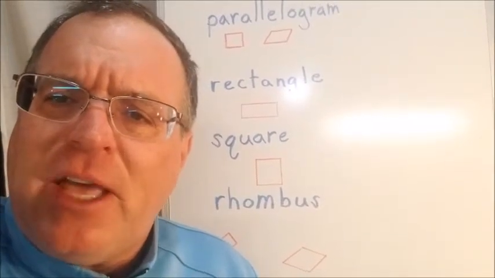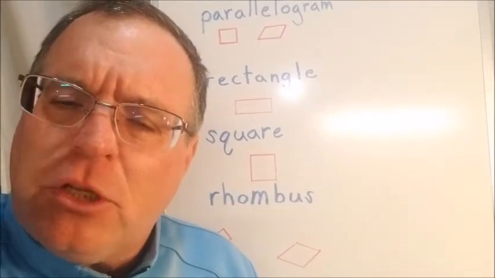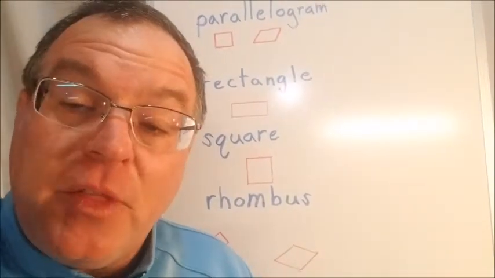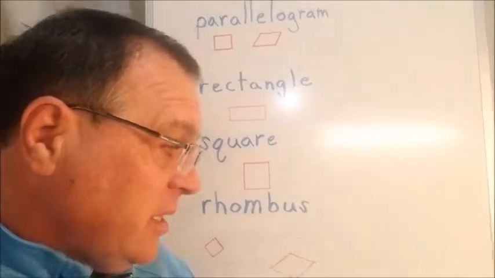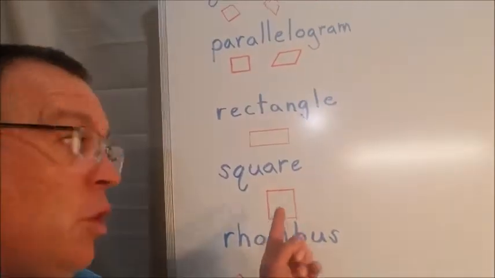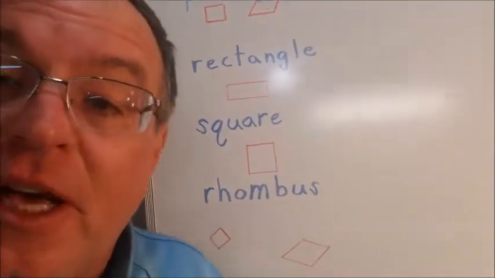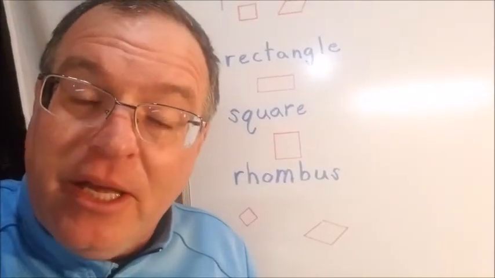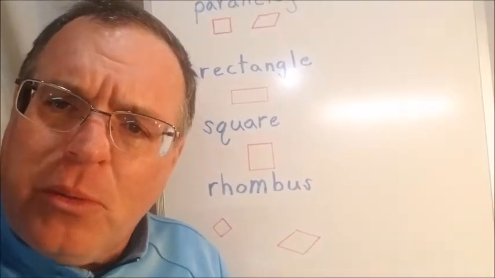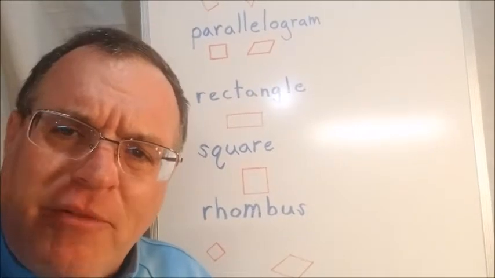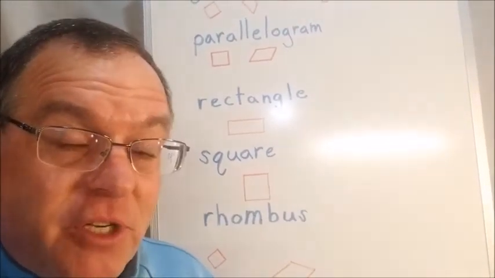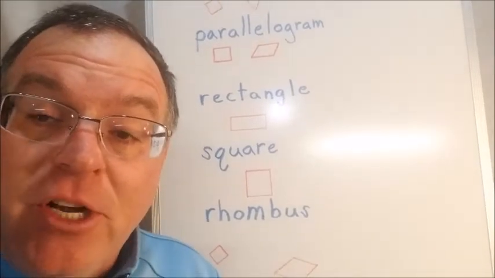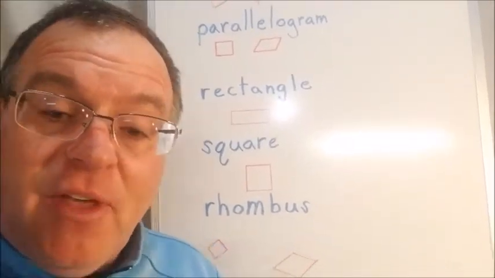And I think we've kind of seen that before when we did a little advanced work with figuring out the area of a triangle, in that if you split a square or a rectangle in half, you end up with a triangle. Remember, we talked about that. So we're going to do a little bit more work with that down the road, but don't give up on these. Practice them a little bit by little bit. If you can't remember the definitions, look them up on the internet. Ask mom and dad. Look them up in a dictionary if you have them.